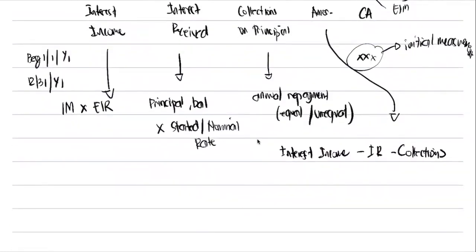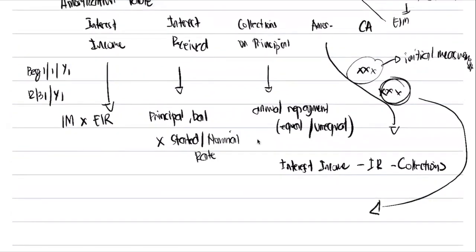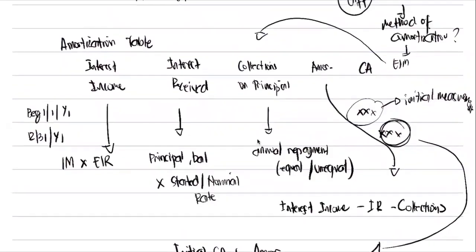And your subsequent carrying amount, after your initial carrying amount, is equal to your initial carrying amount plus your amortization. Okay, so take note, guys.